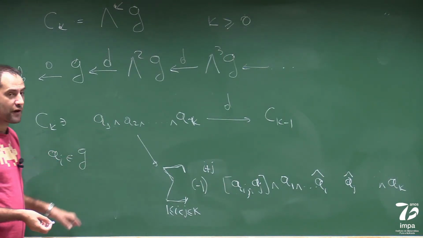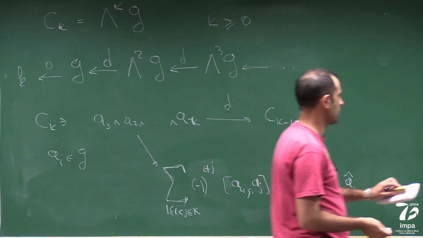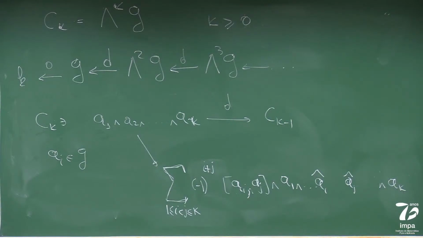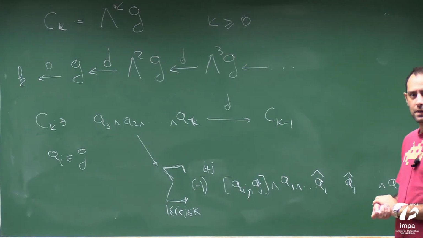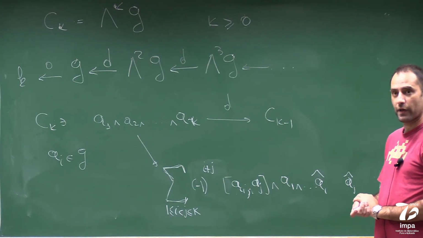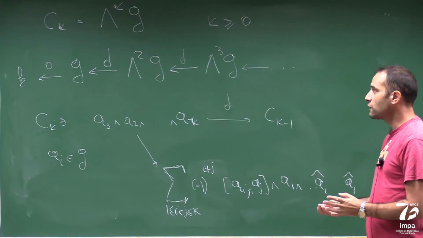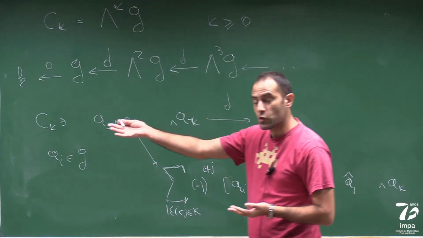I claim that this differential squares to 0. And of course, I'm not going to write the proof of that. I'm only going to check where the Lie algebra appeared, which is an important thing. So first of all, what are the two axioms of a Lie algebra?